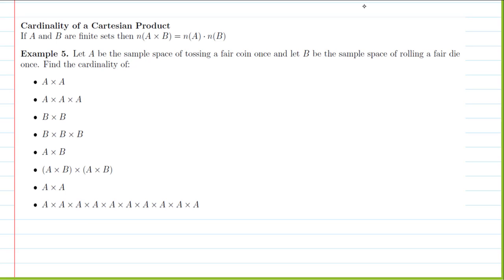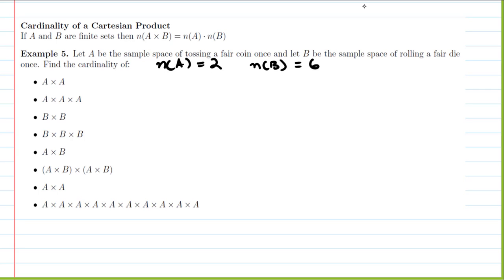So let A be the sample space of tossing a fair coin once, and let B be the sample space of rolling a fair die once. Find the cardinality of A cross A. Well, if A is tossing a coin, how many events are in our sample space? 2. And if B is rolling a die, we have 6 possible outcomes.